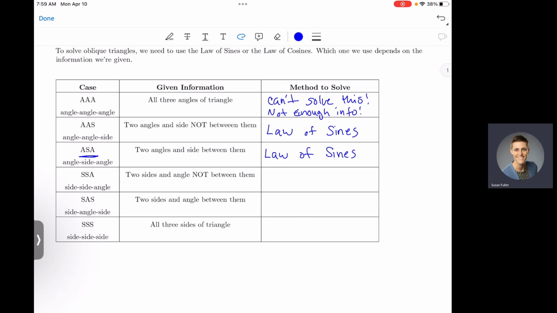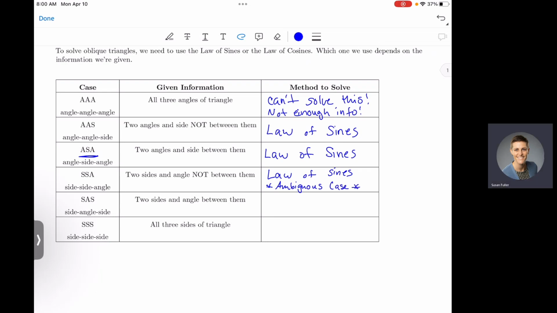The next situation is side, side, angle. This is when you're given two sides and the measure of an angle that is not between the given sides. So if you are given two sides and an angle that is not between them, this is also a law of sines case, but this is a special one. I'm going to label this the ambiguous case.